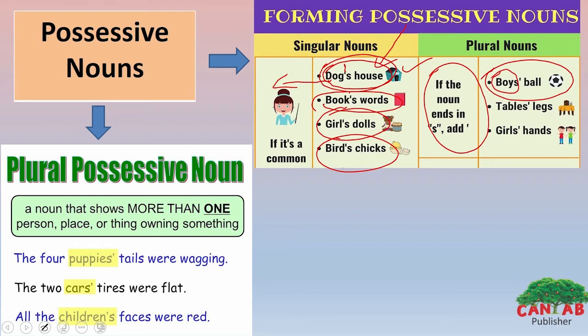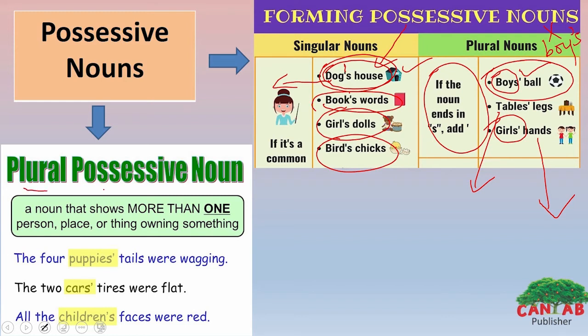So we will not add apostrophe before it, like this. No. This is wrong. The right way is this one. We will add apostrophe after s to show the possession of the noun. Like here, table's leg, girl's hands. These are the singular forms. So in plural form, we add apostrophe after s.